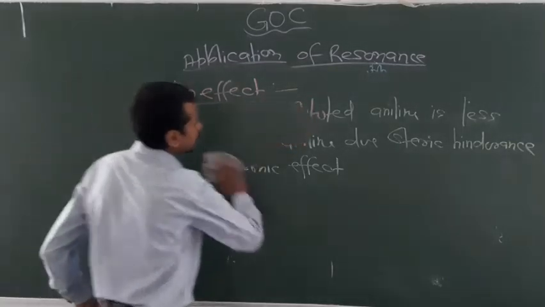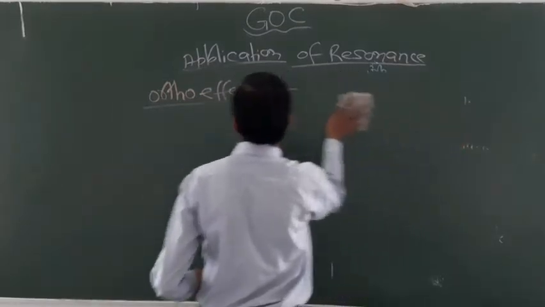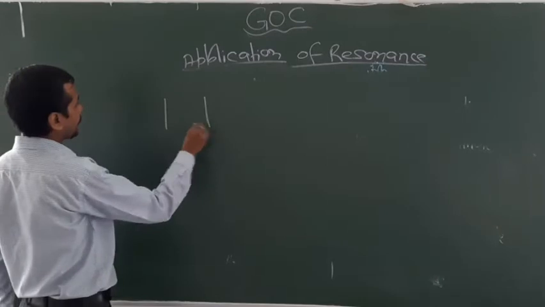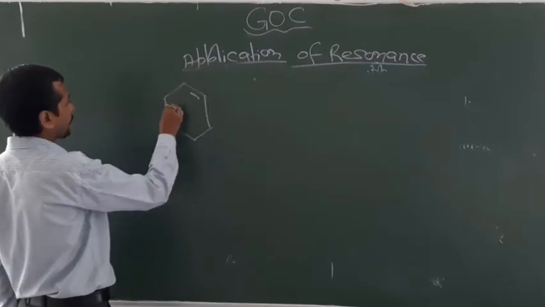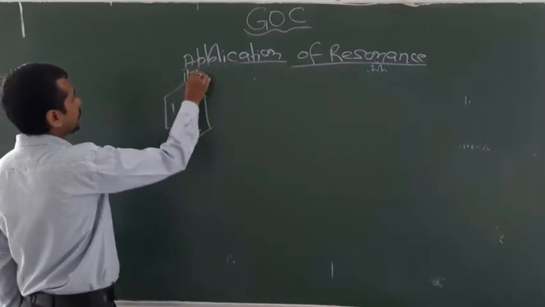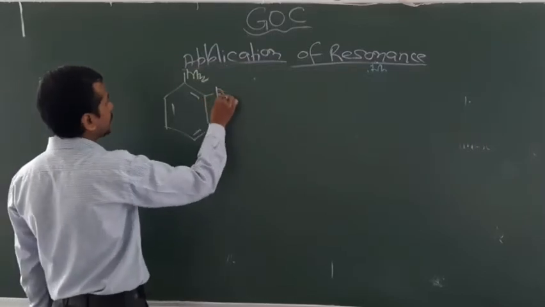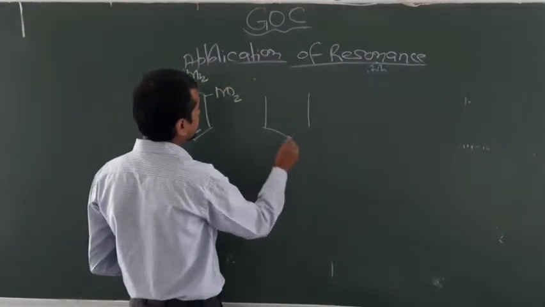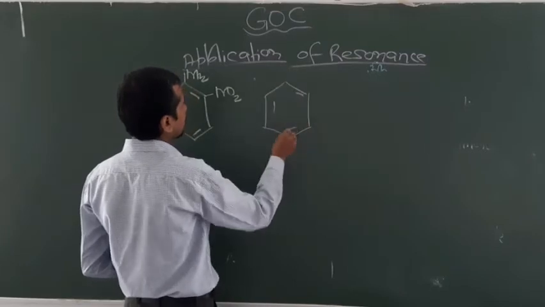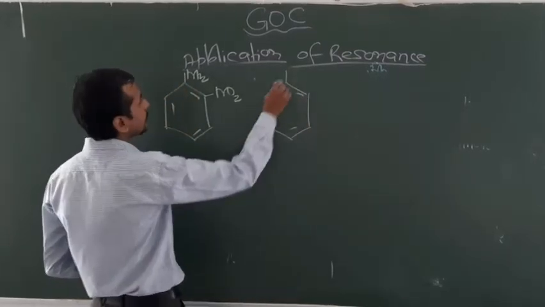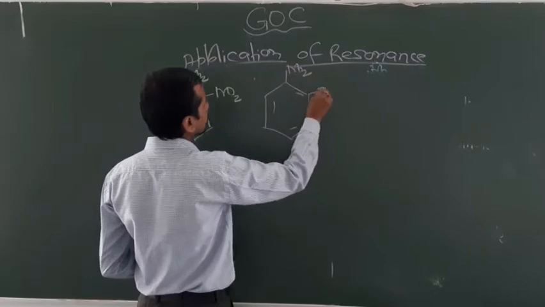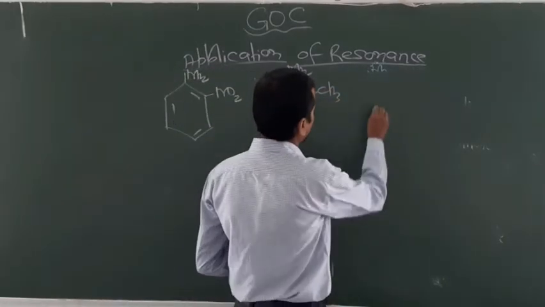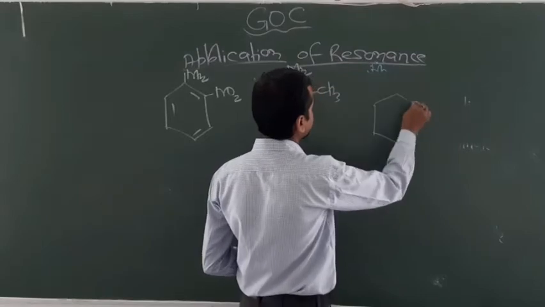So look at the example. One question is given to you like this. NH2, this contains NO2, then NH2, this contains CH3 at the ortho position, and one aniline given like this.